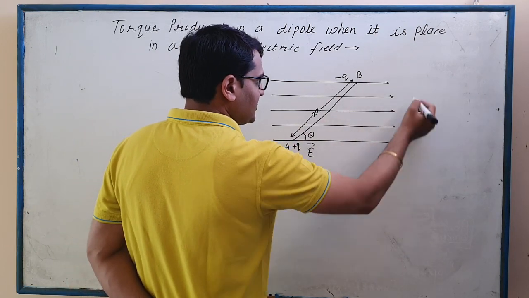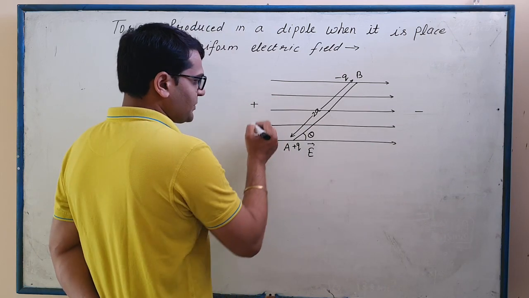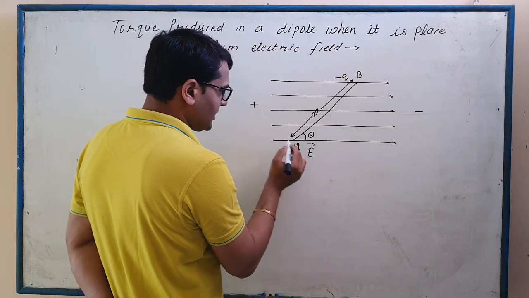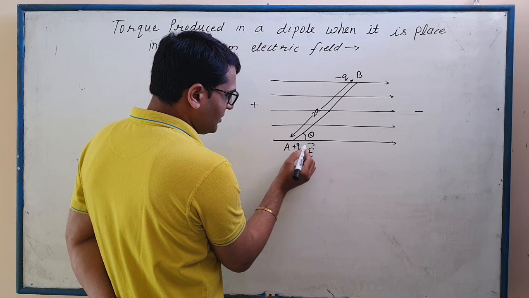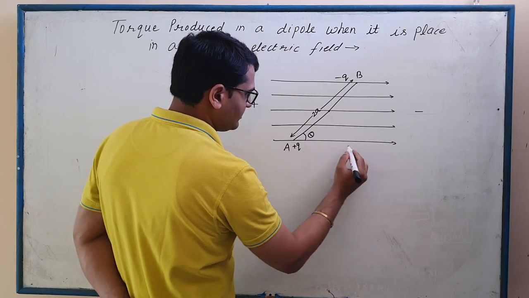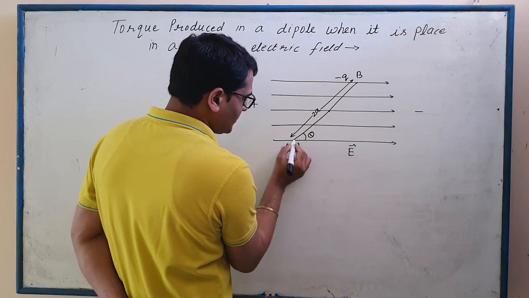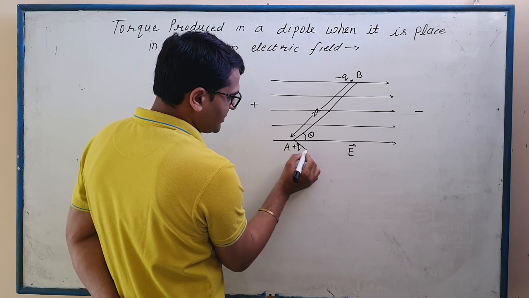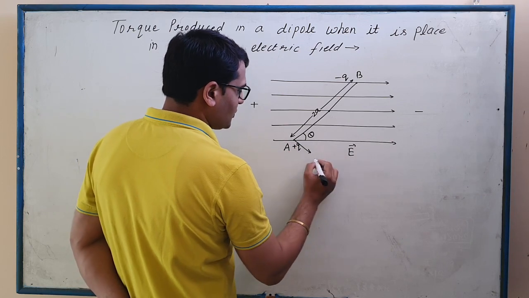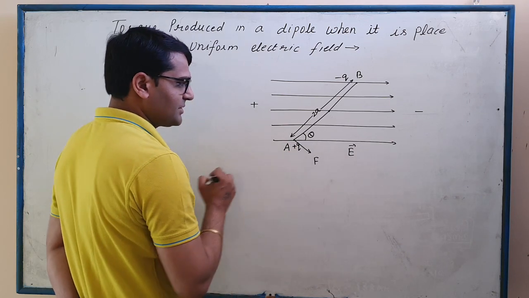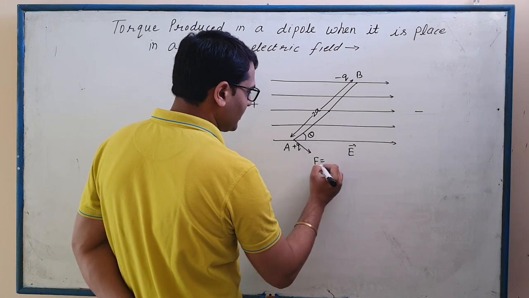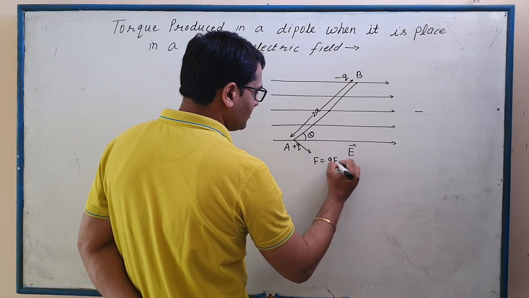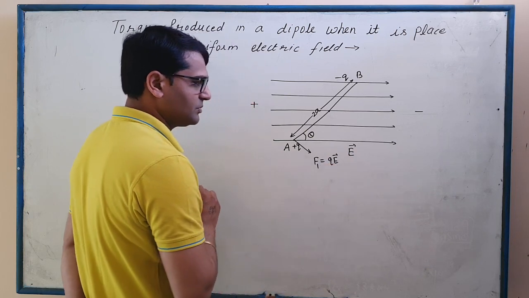Because negative charge is present here and positive charge is present over here, this positive charge will repel this end in this direction. So a force will be exerted on this point. F is given by Q into E. This is F1.